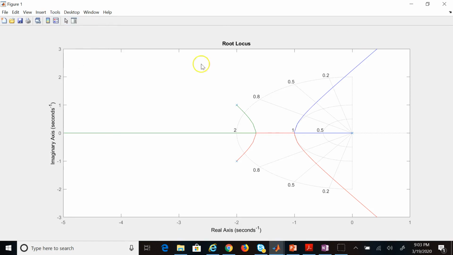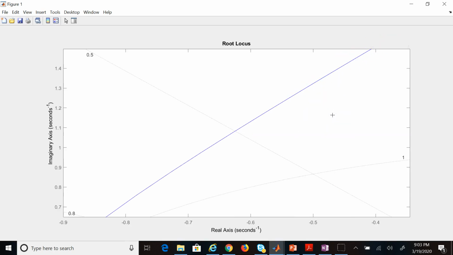Let's see if this one gives me what I need. So here, now if I move right at, and I can zoom in if I want to get it to where I want it to be, that's the place that I want to be. And all I need to do is to click at that point. So data tip, go right there and click.